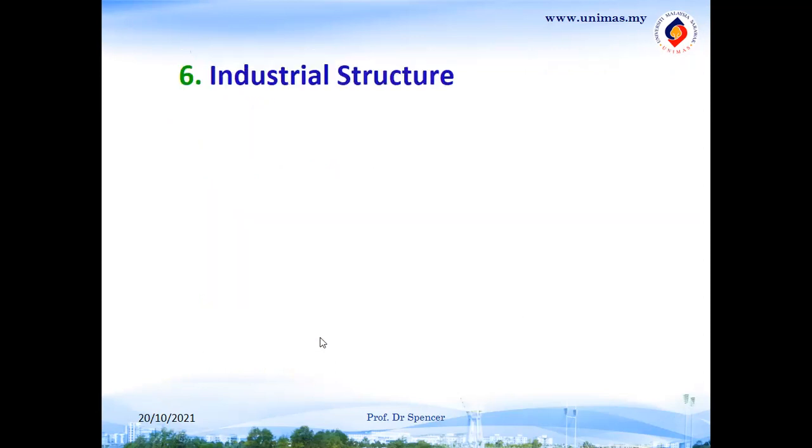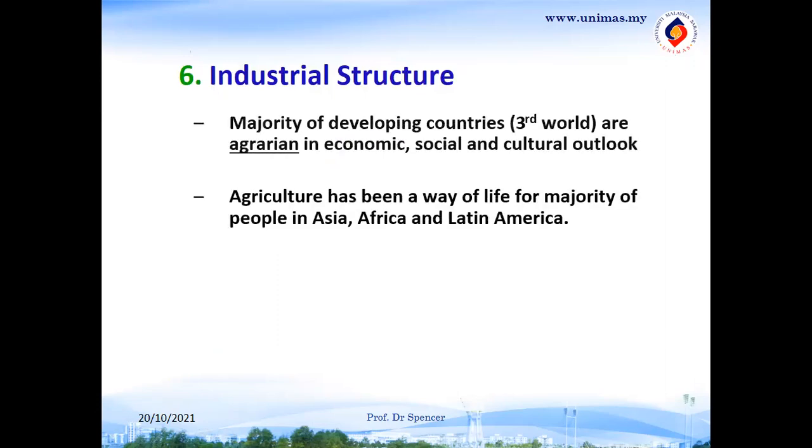The sixth one is the industrial structure. In other words, struktur industri, ya, di negara yang sedang membangun, the majority of developing countries are agriculture or agrarian, ya, in economic, social as well as cultural outlook.